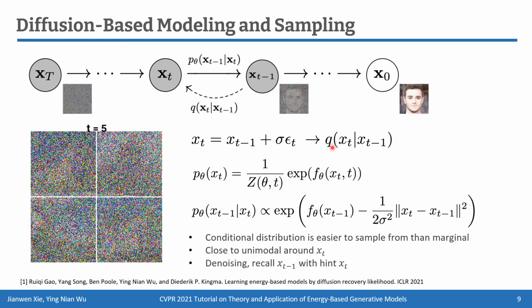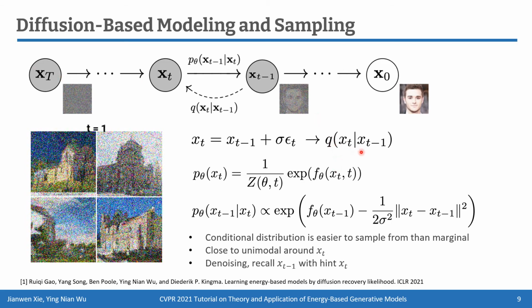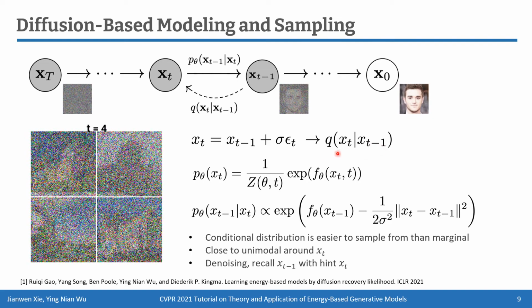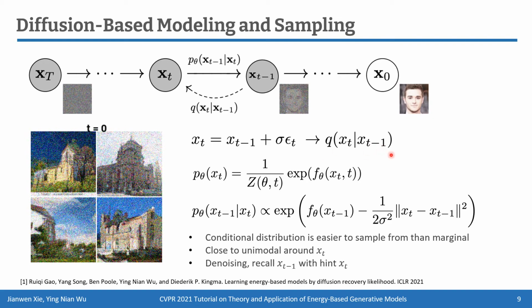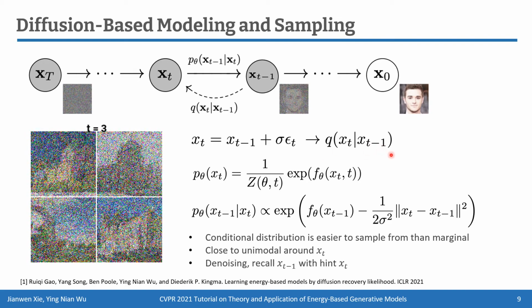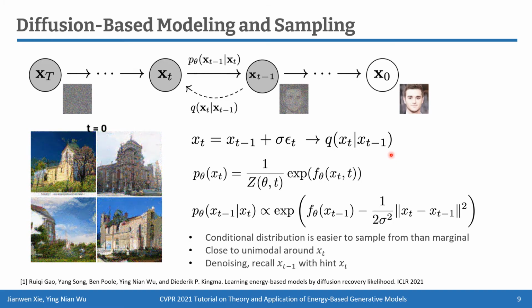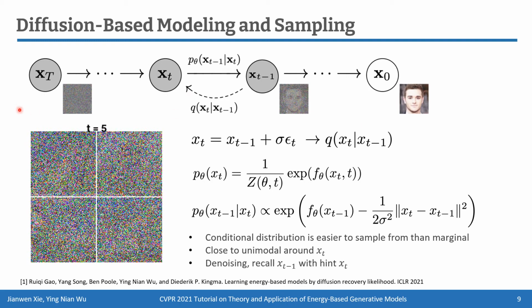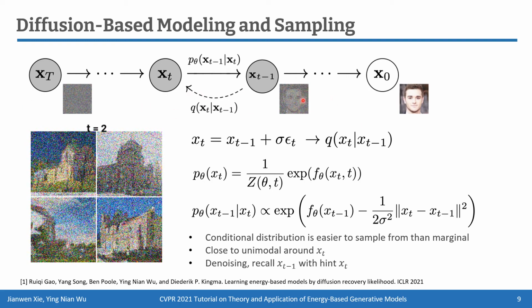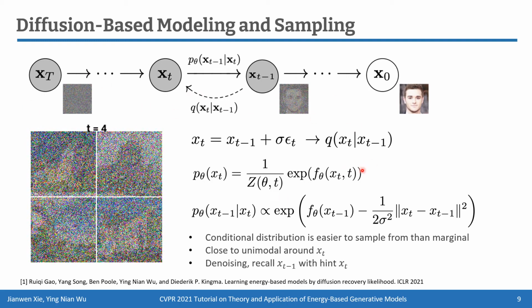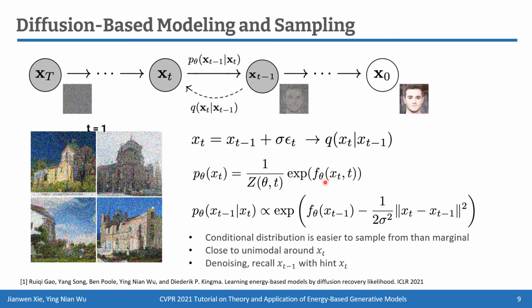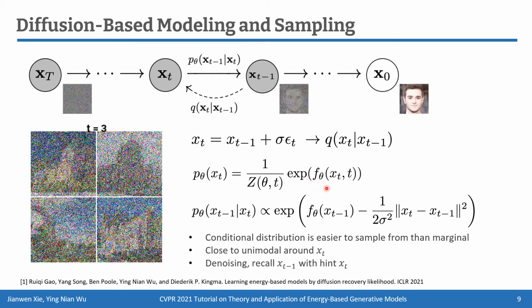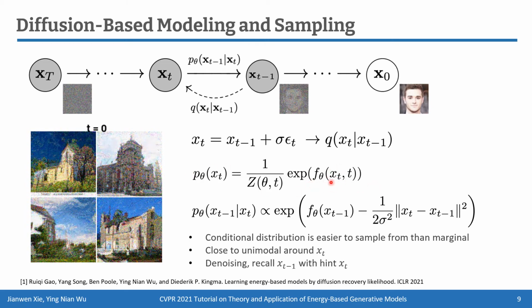So this is q(x_t | x_{t-1}). So this is a very simple diffusion process. And what we want is to learn the energy-based model for the images at all those noise levels corresponding to all those time steps. So the model is parameterized by a single network, which is a function of both x and t.